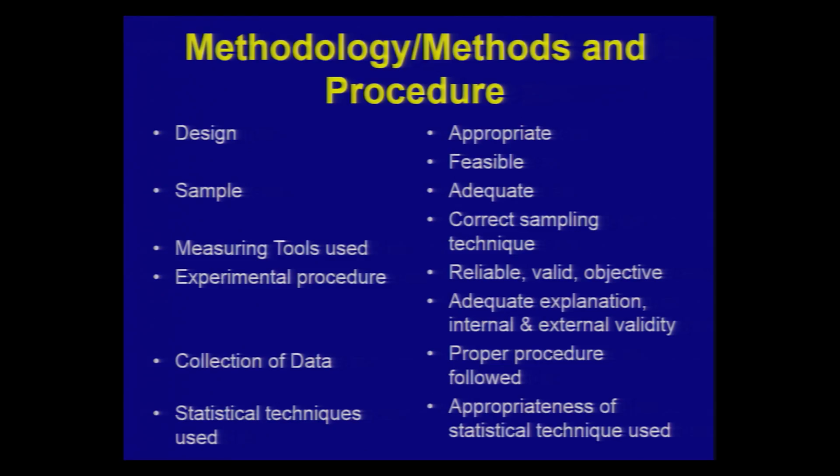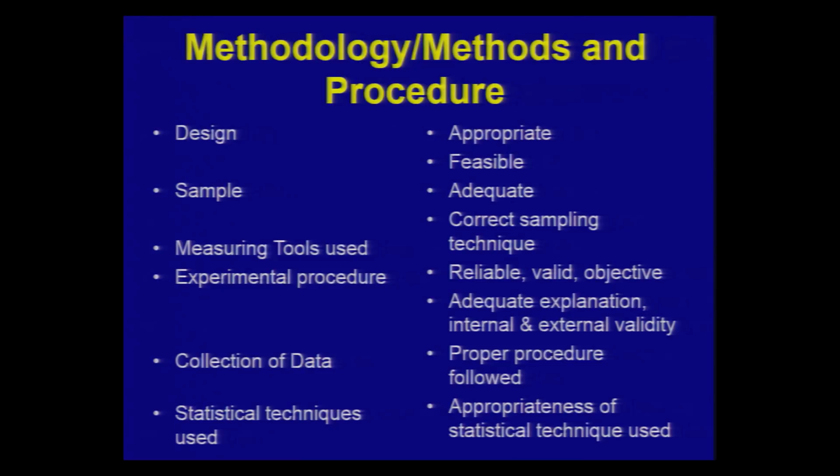When it comes to sample, the adequacy, the size of the sample is one parameter which needs to be evaluated. In many of the researches which are available, where the population goes beyond 10,000, the people have taken up study, especially at the master's level, only of 100 students or 150 students.